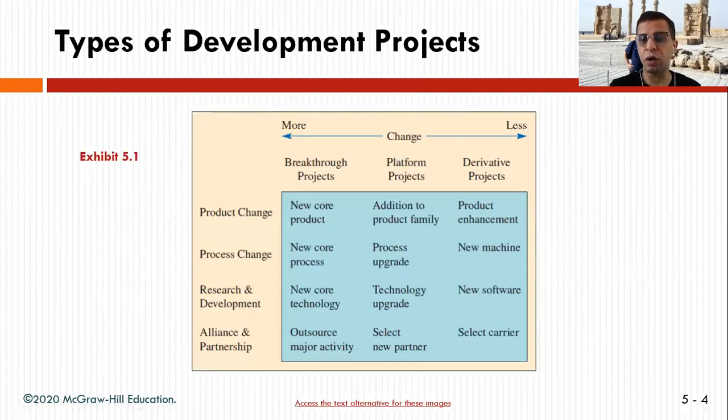So what types of projects are there in general? We have product changes, and process changes, same product but the process is changing. There is also research and development, and alliance and partnership, when outsourcing something or somebody outsources something to us.